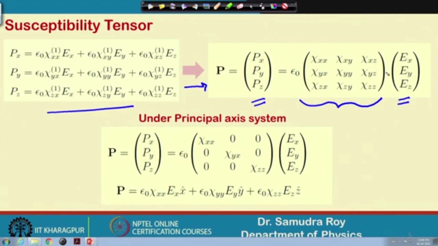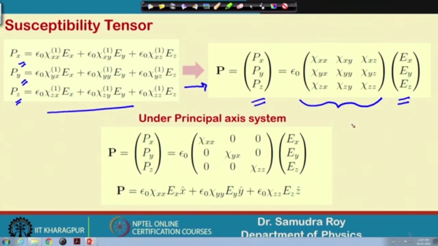These have some components, and these components are basically related to the displacement due to the launching of an electric field. Now these components are here in this particular matrix, 9 components are there, but we know that any matrix can be suitably modified under a proper coordinate system.